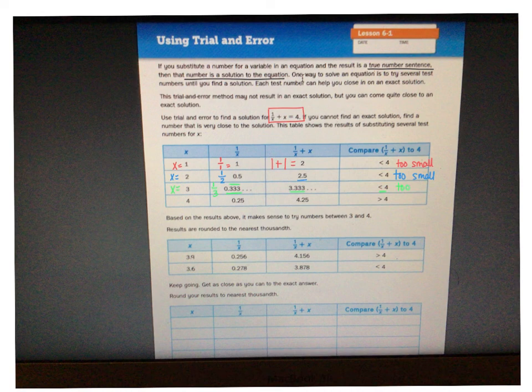It is less than 4, but I'm getting closer. So let's try 4. We keep going up. When I put 4 in here, 1 over x, which is 1/4, gives me 25/100. I combine my 1 over x, which becomes 1/4, or 25/100, with my x, which is 4, and when I combine those, I get an answer of 4 25/100.